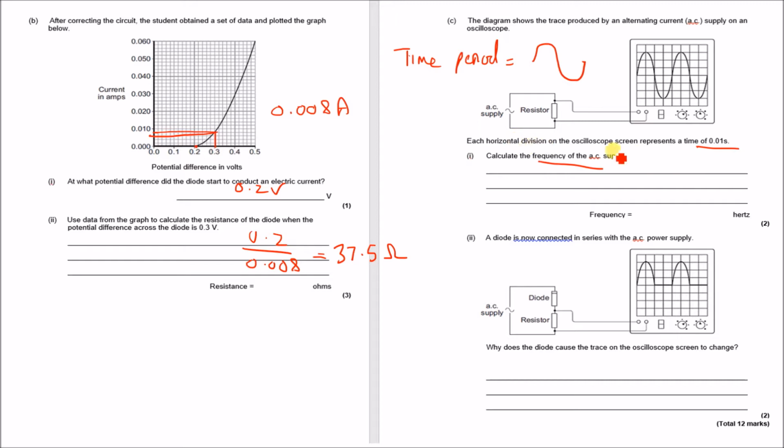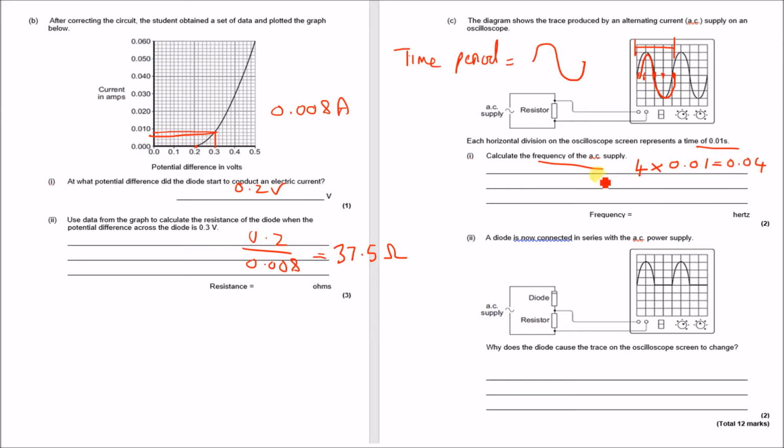So if each division represents 0.01, then from here to here is 0.01, to here is 0.02, to here is 0.03, and to here is 0.04 seconds. So we're starting the wave, going up, down, and back to where we start. That is one wavelength, or the time period for one wave. So that is 4 times 0.01, which equals 0.04.